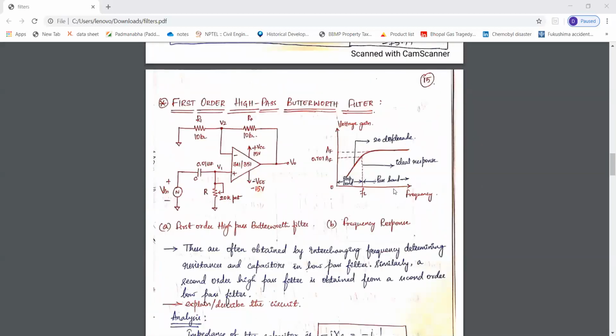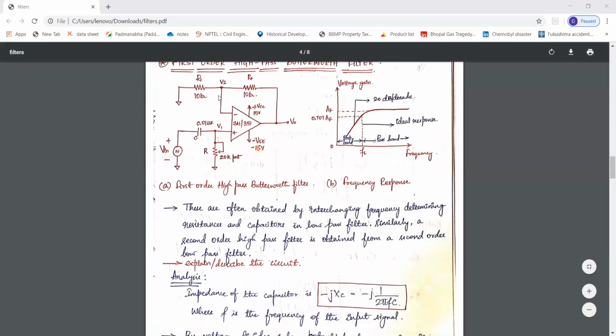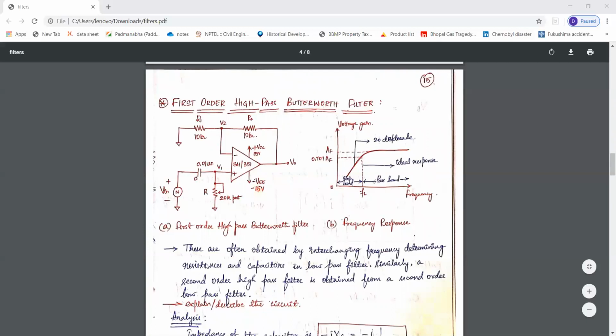And next we have the first order high pass Butterworth filter. This is obtained from the first order low pass Butterworth filter just by interchanging the resistor and the capacitor that are involved in determining the cutoff frequency.